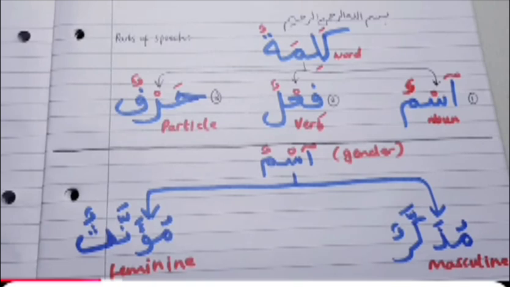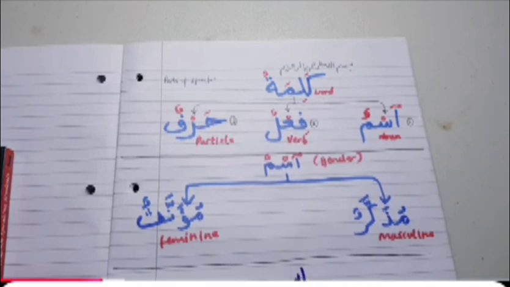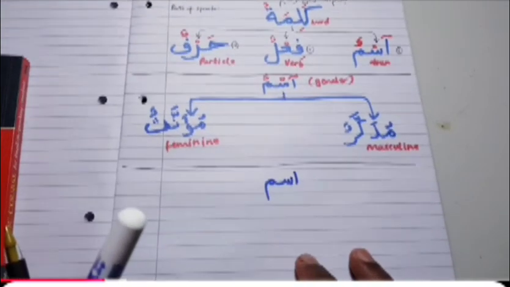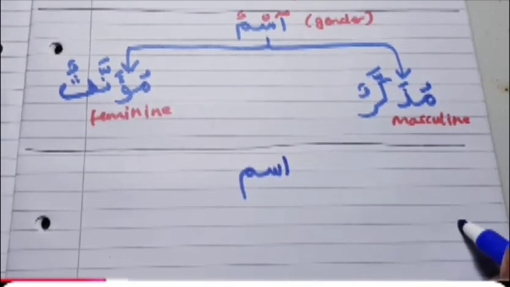This is point number 1. The second point related to nouns that we need to bear in mind is that every noun has a number.